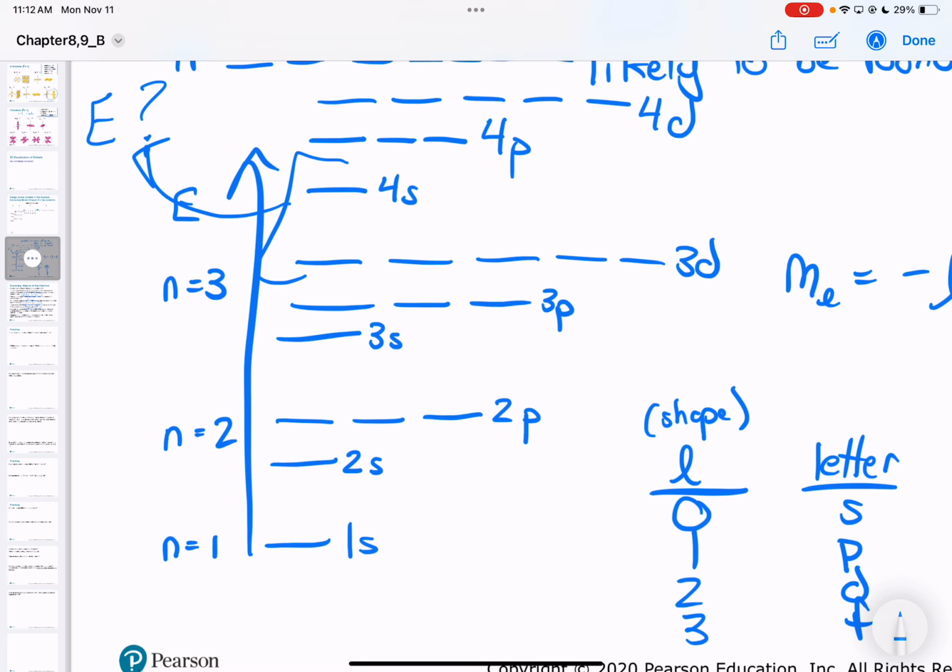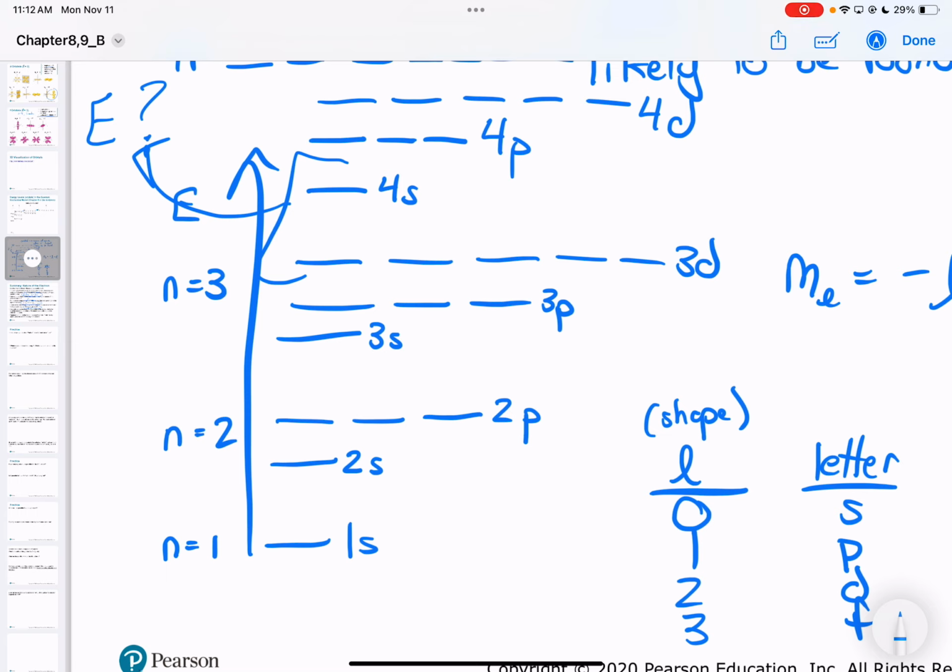So the first one tells you what shell it's in, how far out from the nucleus it is. The second one tells you the shape of the orbital. The third one defines the orbital itself. So in the 3p subshell, there are 3 orbitals.